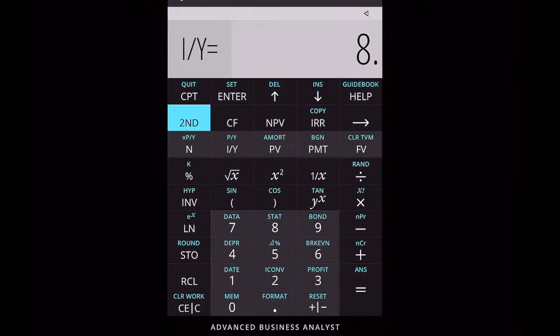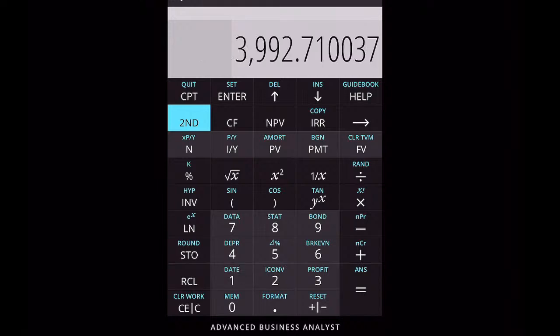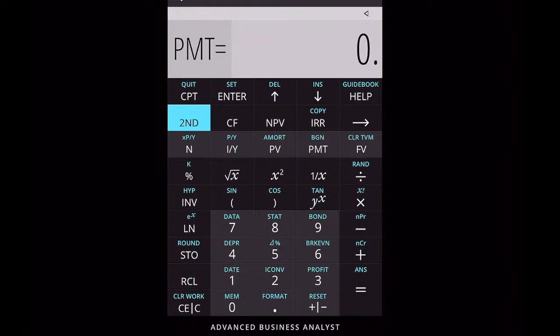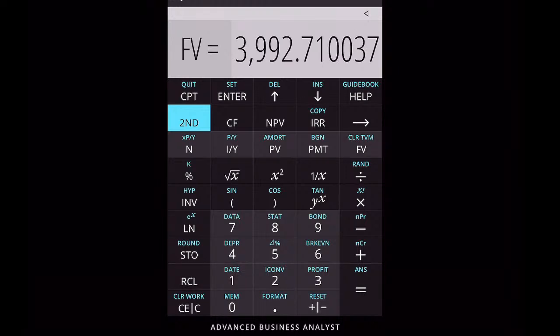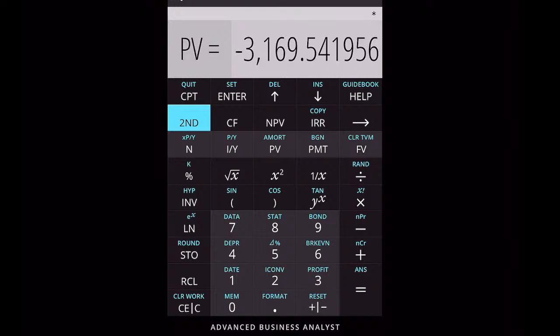I don't have any payments. I'm going to put this recalled amount into the future value, and then ask to compute the present value. So that is the final answer.